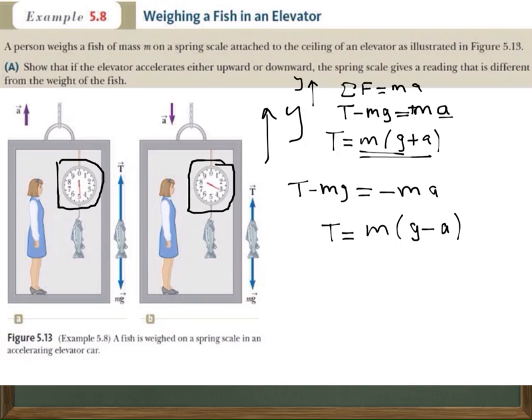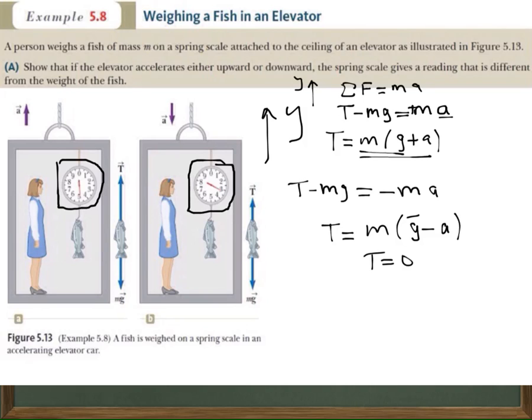If the elevator goes down with an acceleration of g, then T will be 0, right? Because if a is equal to g downward, that means your elevator is falling down, or you just jump off the top of a building. Because you're jumping down, a will be minus g, and g comes from your weight, so g minus g is 0.